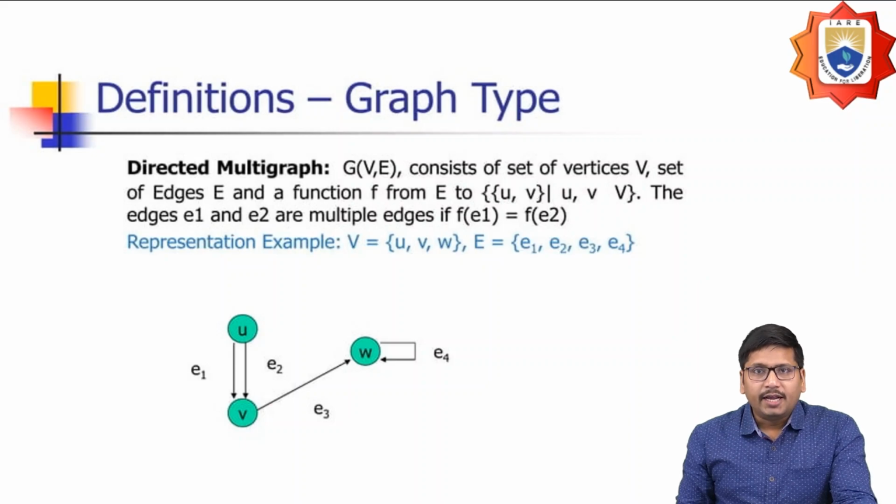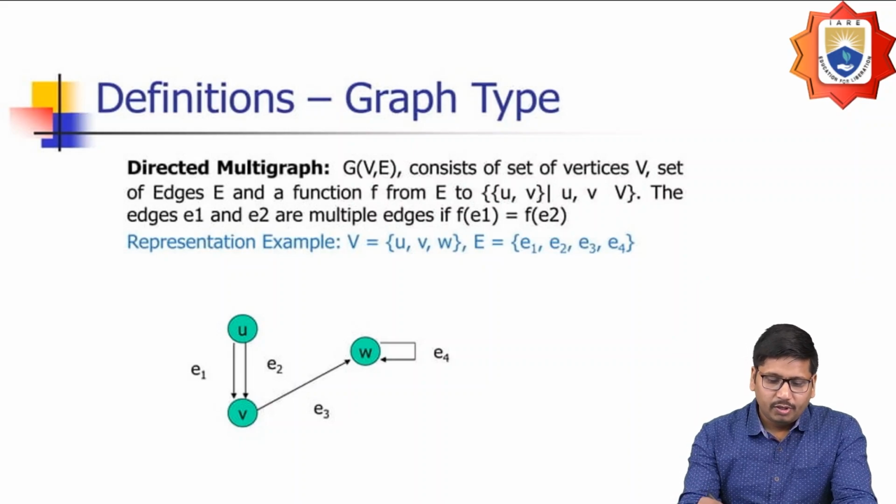The next one is the directed multigraph. So what is the directed multigraph here? It is a graph containing a set of vertices and edges, and there is a function from E to the vertex pairs such that edges E1 and E2 can be multiple edges.